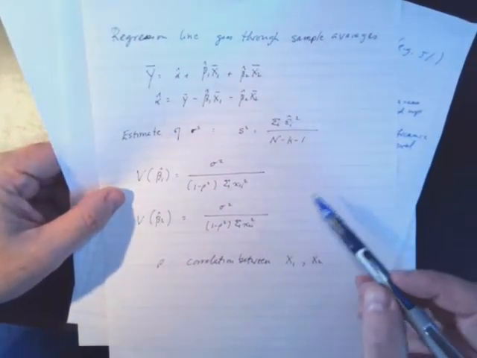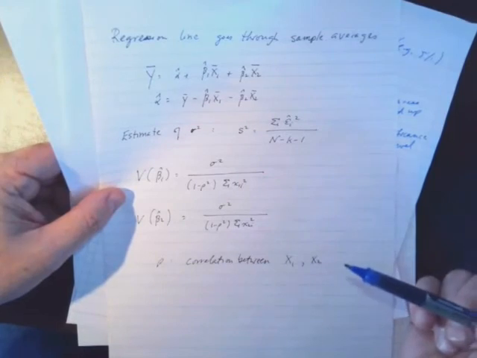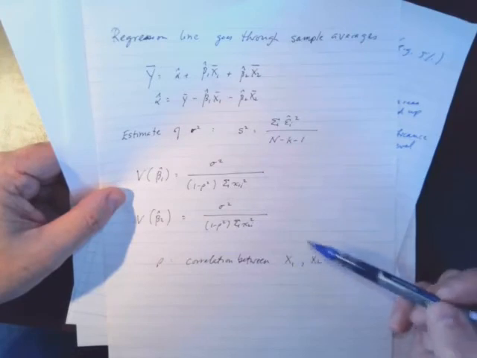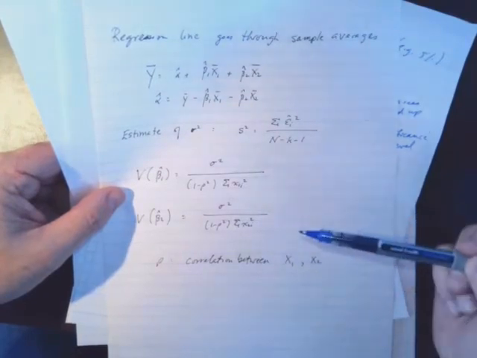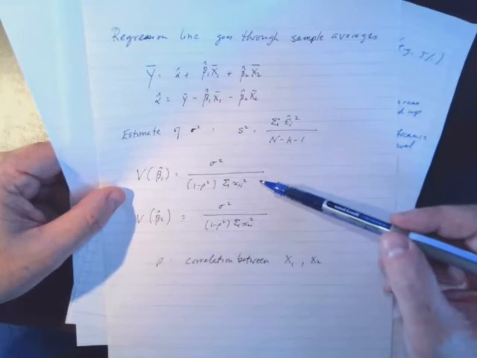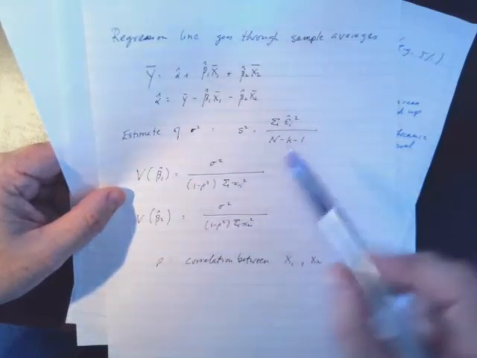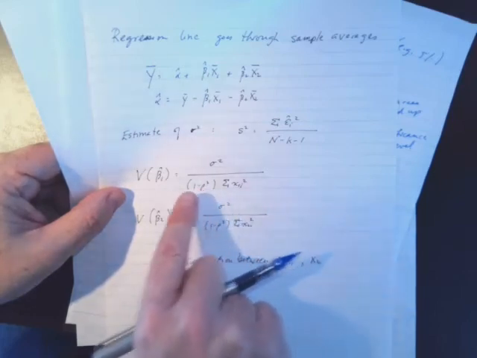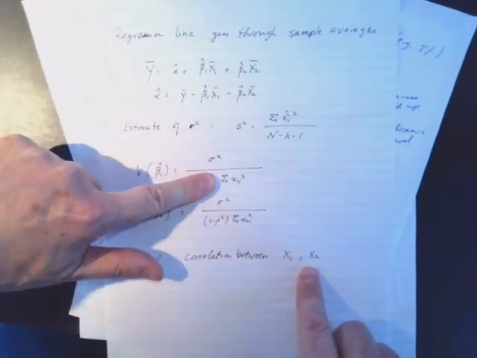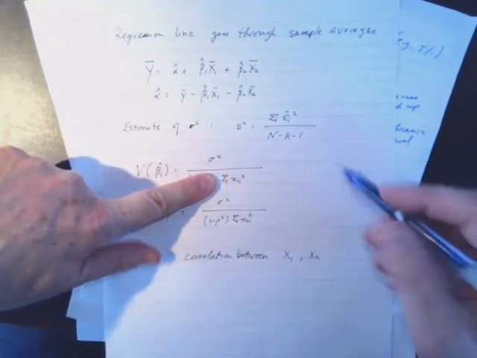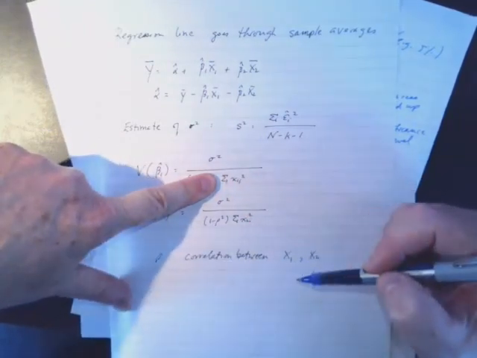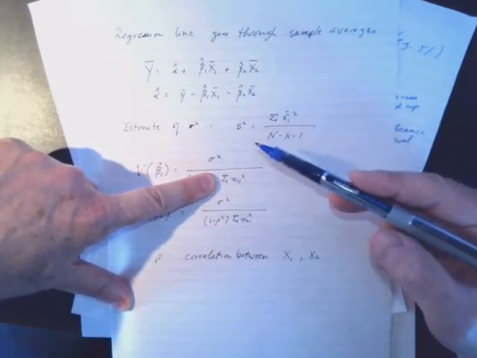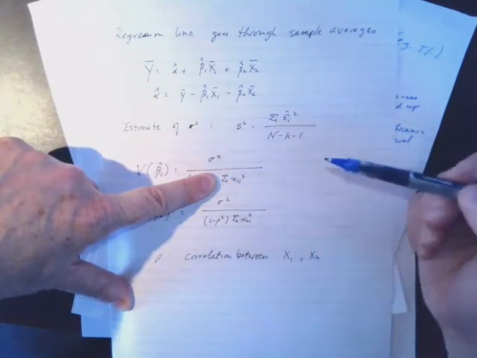So what if x2 doesn't belong in the model, but we include it anyway, and it's correlated with x1? If it's totally uncorrelated, then nothing happens to the variance of x1. So if rho is 0, then this is just 1, so then the formula just turns into that. And in that case, if those two variables are totally uncorrelated, then it doesn't cause any bias and it doesn't affect the variance either.